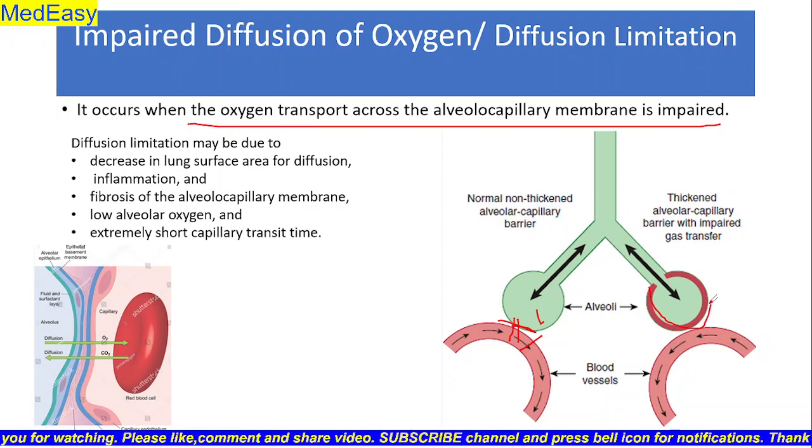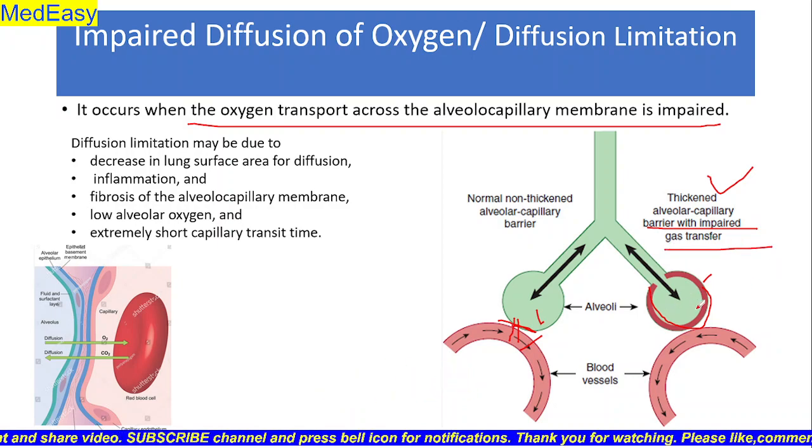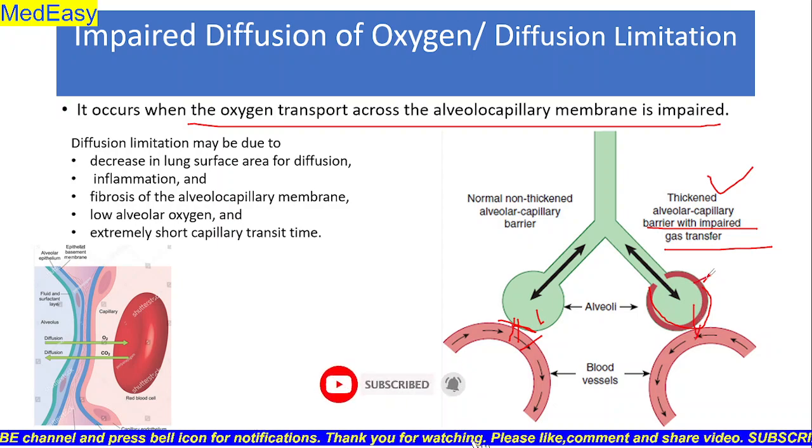Here you can see this membrane is thickened. Now this thickened membrane will cause a barrier to the gas transfer. So in that situation, the blood will have a difficult path to cross this barrier, and ultimately the oxygenation and also CO2 washout will be hampered.